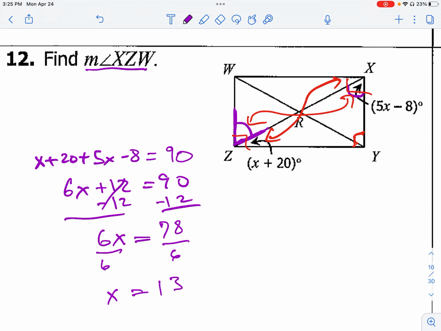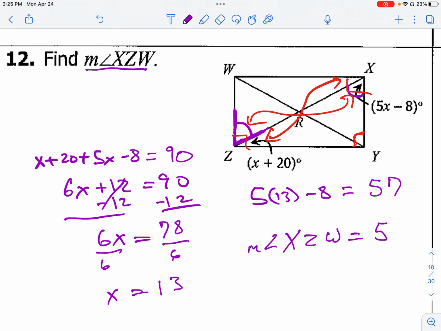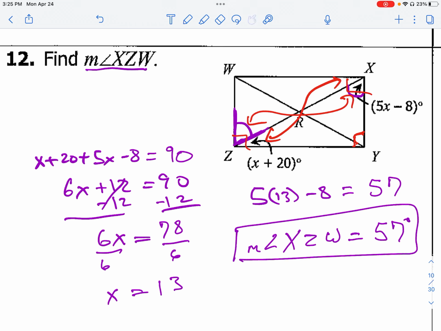But we're not done. We got to plug it in. So 5 times 13 minus 8. 5 times 13 is 65 minus 8 equals 57. So the measure of angle XZW equals 57 degrees.